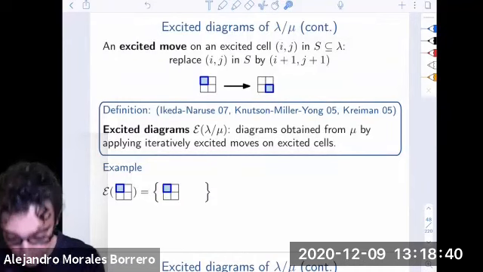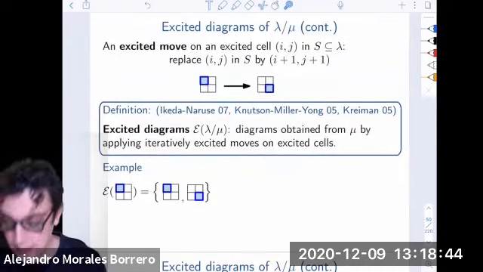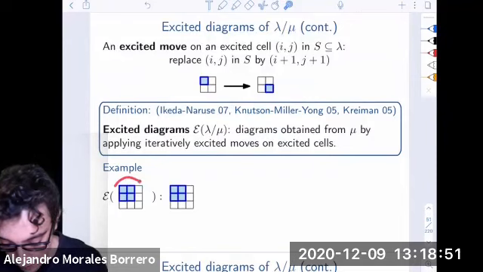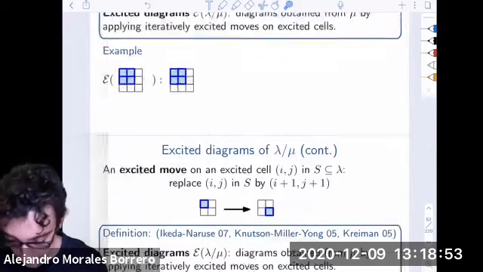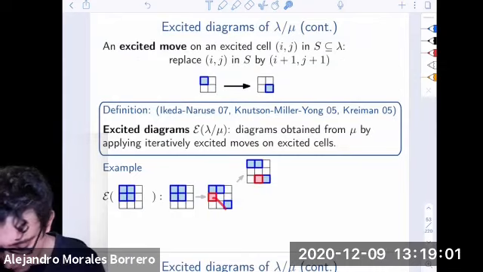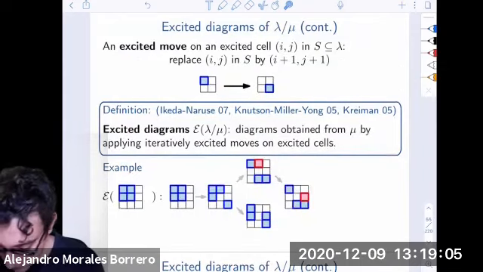So let's look at an example. Here is for 2 2 1. There are only 2 excited diagrams. You start with mu and then you move down as many times as you can. If we have a reverse hook that's a bit bigger, you can slide this down, which frees these 2. So either this moves down or the one on the top moves down, and then this liberates this one.